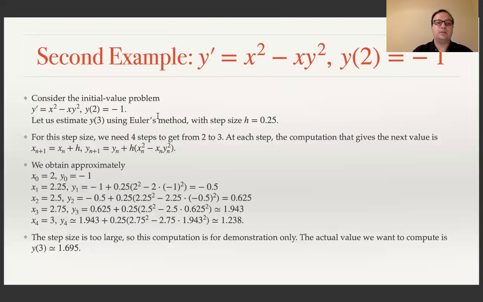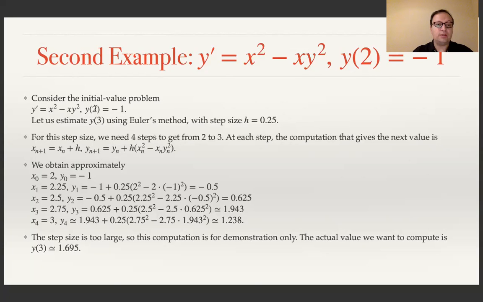Right, so here's a more complicated example. Again, for Euler's method, let's try to solve the initial value problem y prime is equal to x squared minus xy squared with the initial condition y of 2 is minus 1. And let's estimate y of 3 using Euler's method with step size 0.25, so 1/4.